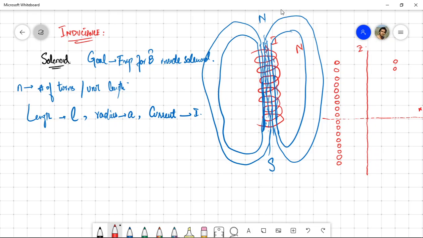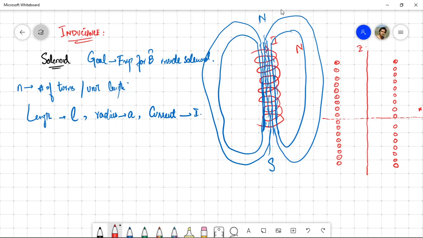The current is coming out of the screen from this side, so we'll represent that by dots, dot, dot, dot.